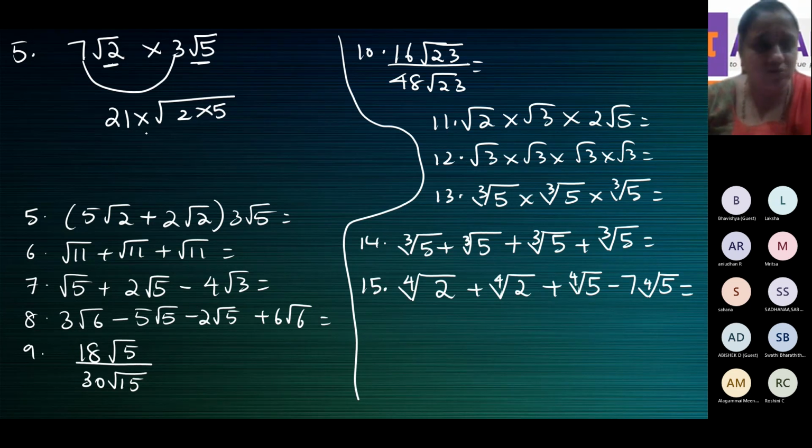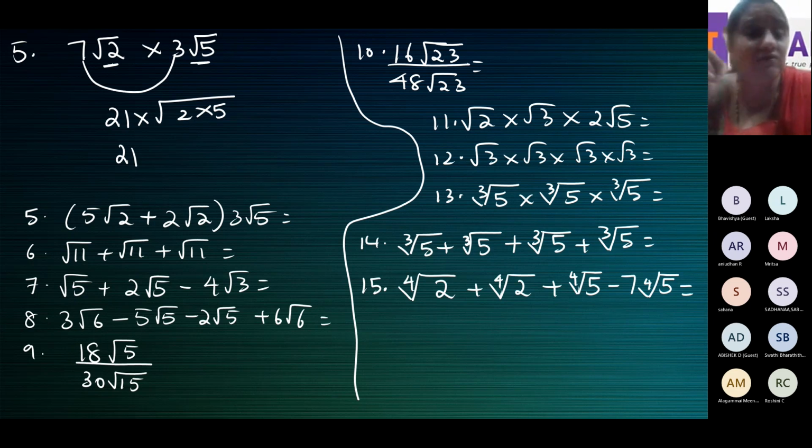Now there is only one 2, only one 5 under the square root, so nobody comes out. There should be two 2s at least, then one 2 can come out. Two 5s, one 5 can come out. So it is 21 root 10. This is the final answer.